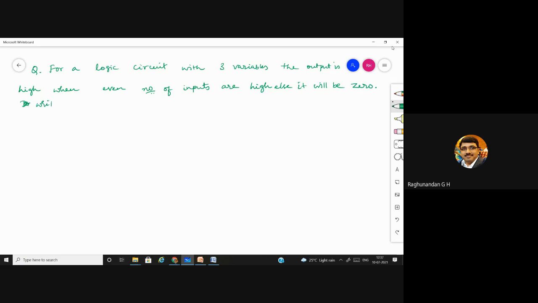Write the expression and realize it with NAND gate.